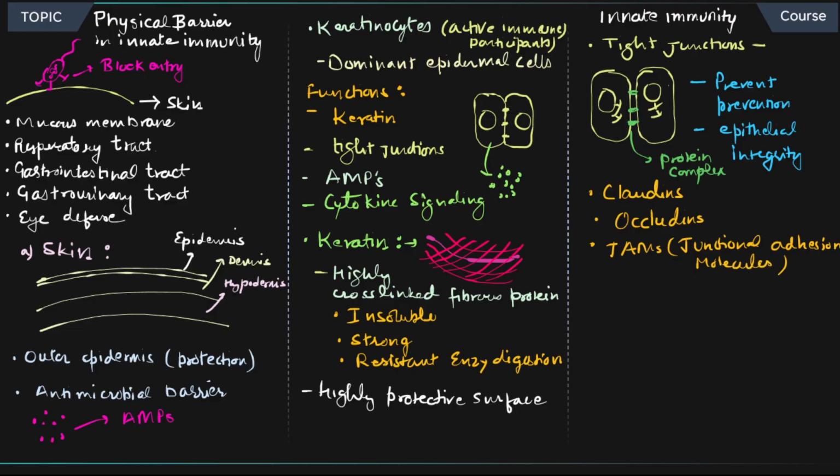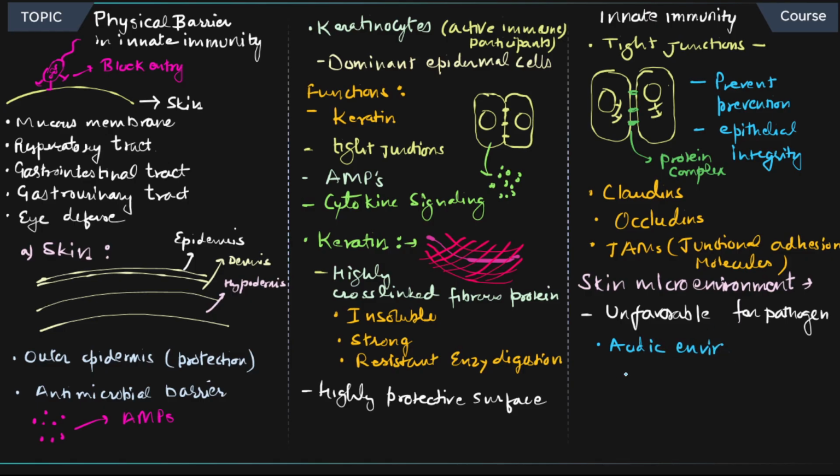Okay. Now let's talk about another aspect, which is skin microenvironment. Skin also has its own environment which can protect the body. And what is that environment? It provides an unfavorable environment for pathogens, which includes an acidic environment. Skin will have an acidic pH of around 5 to 6.